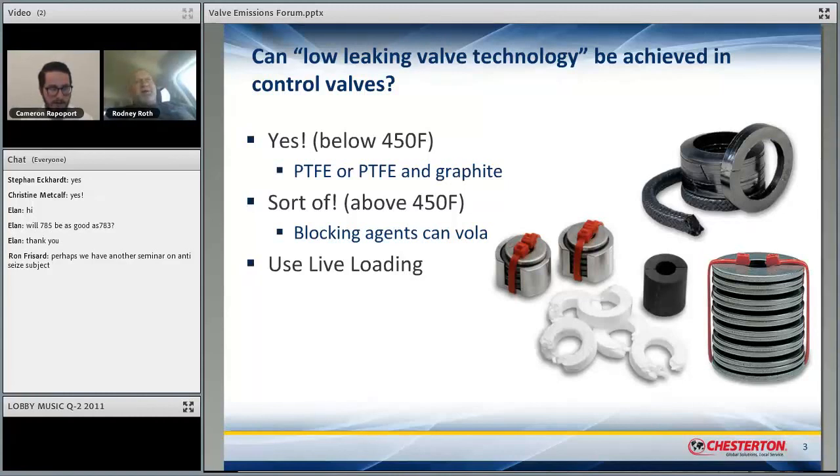No, it'll never replace Method 21 unless somebody comes up with a handheld camera that a guy can point at each valve individually. I mean, they're doing quantitative now. Let me rephrase that. They're using cameras to find the quantity of leak. So they point at a refinery and say, okay, these guys' limit is X and they're emitting Y. But that only tells them that the refinery as a whole is emitting that.